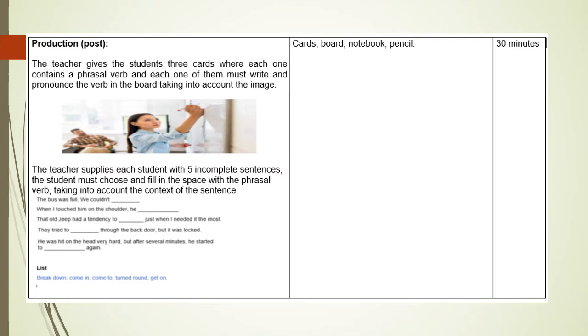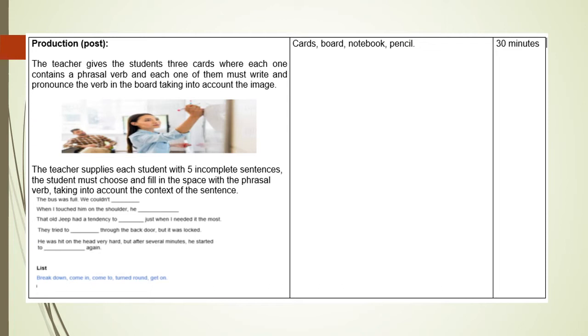Session production. The first activity for this session is that the teacher gives the students three cards where each one contains a phrasal verb, and each one of them must write and pronounce the verb on the board, taking into account the image. The next activity is that the teacher gives each student 5 incomplete sentences.